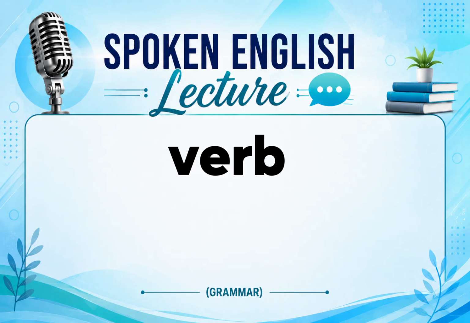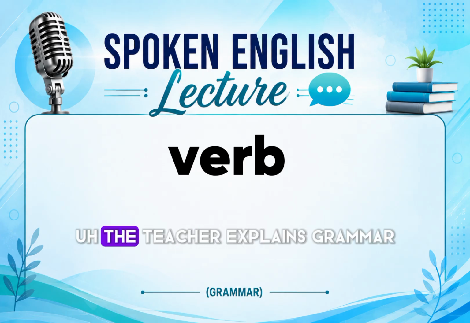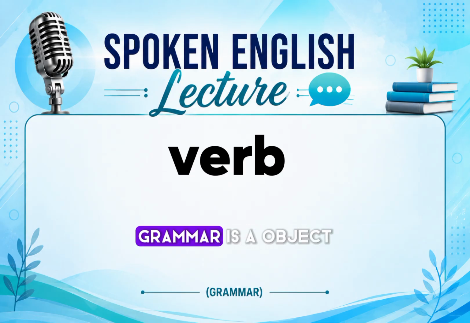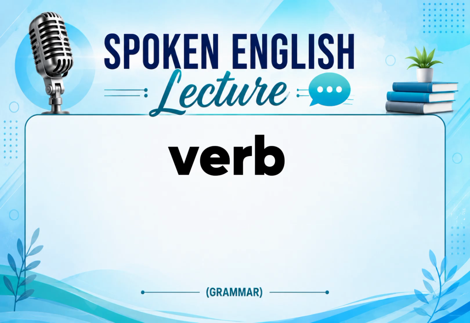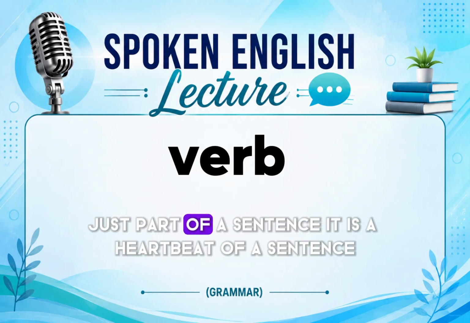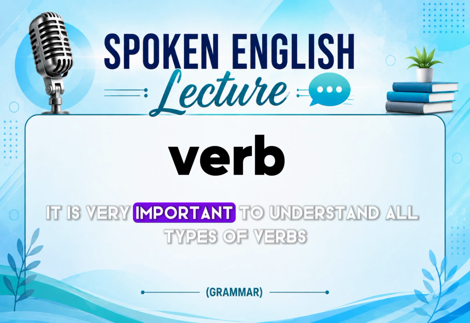For example, the teacher explains grammar. Teacher is the subject, explains is the verb, grammar is the object. That's why we can say that the verb is not just a part of a sentence, it is the heartbeat of a sentence. So it is very important to understand all types of verbs.